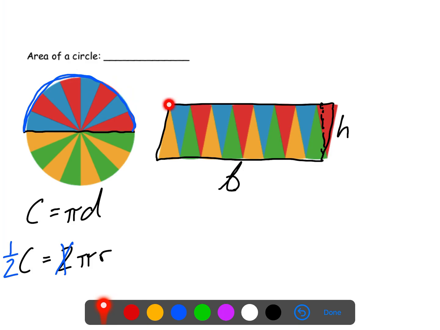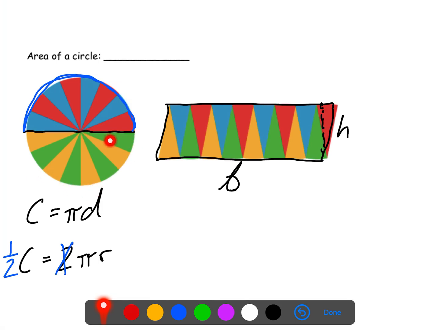Now let's see where those measurements come from on our circle. So here we put all the edges of the blue, red, all together to make up this side length, and all of the yellows and greens to make up this side length. Well, you can see by the color coding that all the greens and yellows together make up half of the circumference, because these little curved edges here are the outside curved edges of our circle.